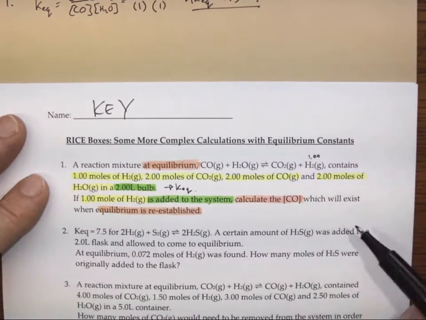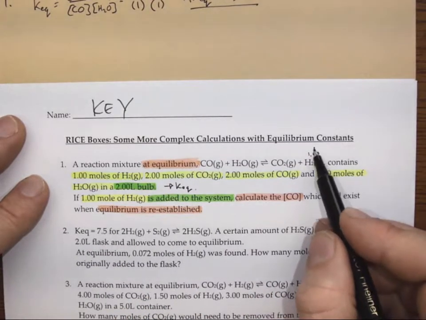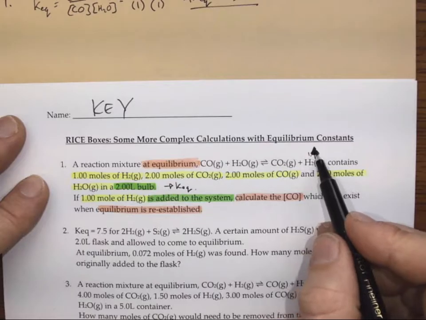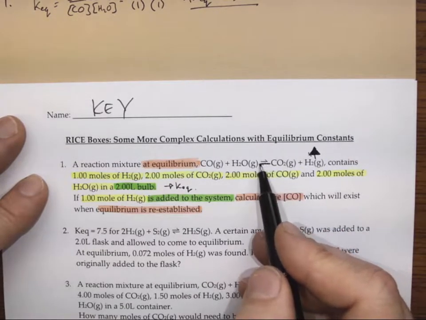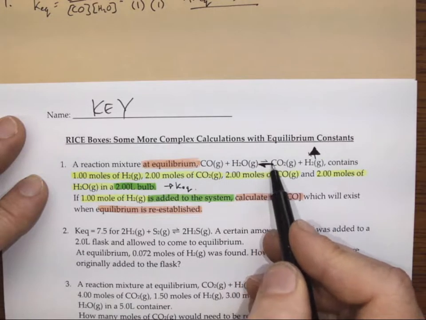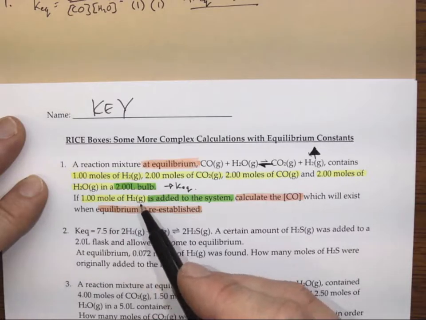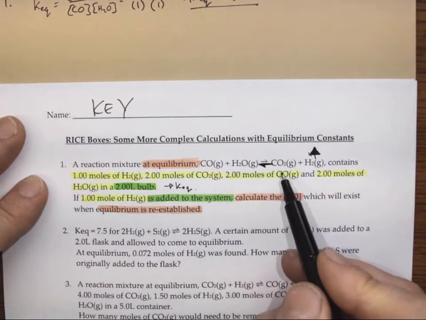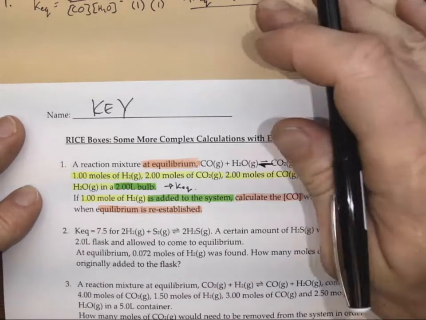Now we're going to disturb equilibrium. We're going to add more hydrogen gas. As a result, we should expect equilibrium to shift to the left. Once that happens and the system tries to reestablish itself, what's the concentration of carbon monoxide when we're done?